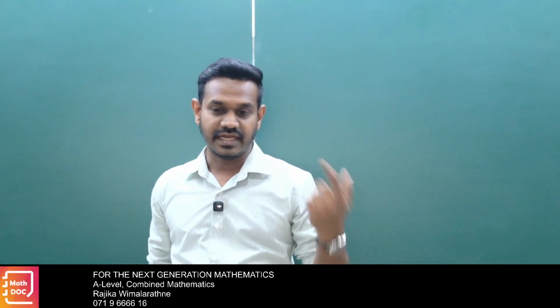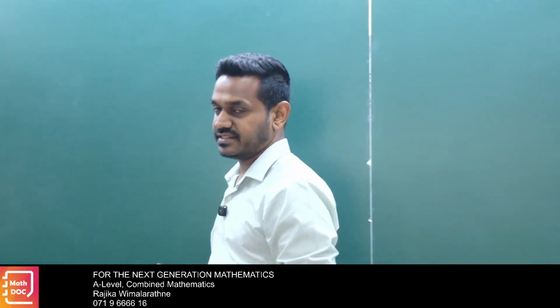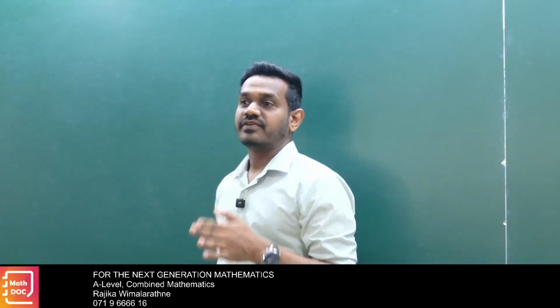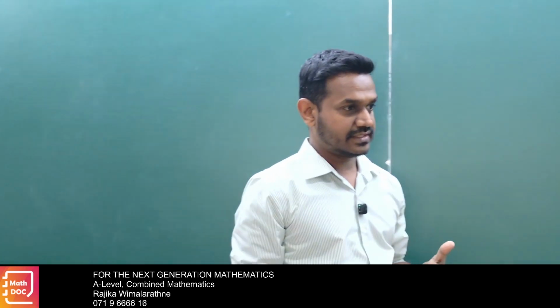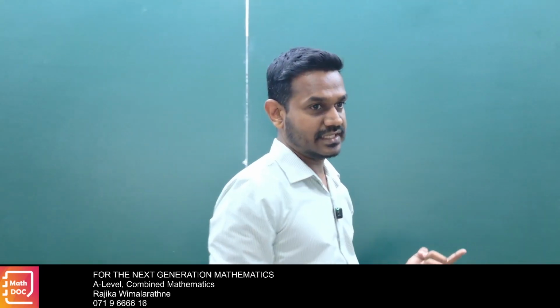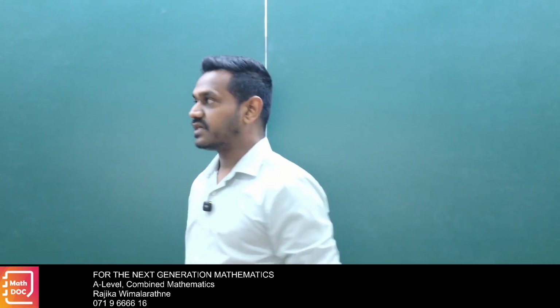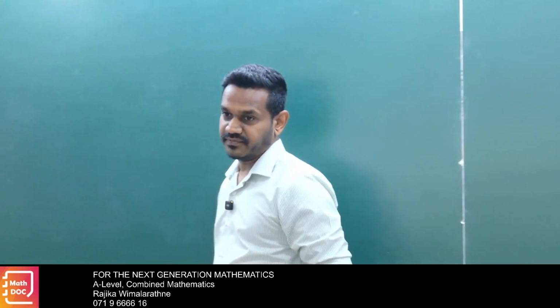We have rational functions, likewise we have rational inequalities. And we have a special function called modulus, and with modulus functions we have modulus inequalities. Definitely for your A-level examination there will be a modulus inequality question. So I'm going to complete this lesson as soon as possible.